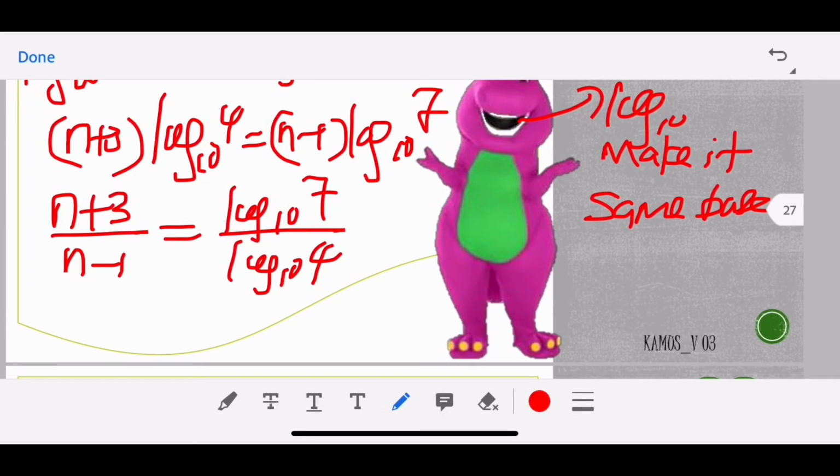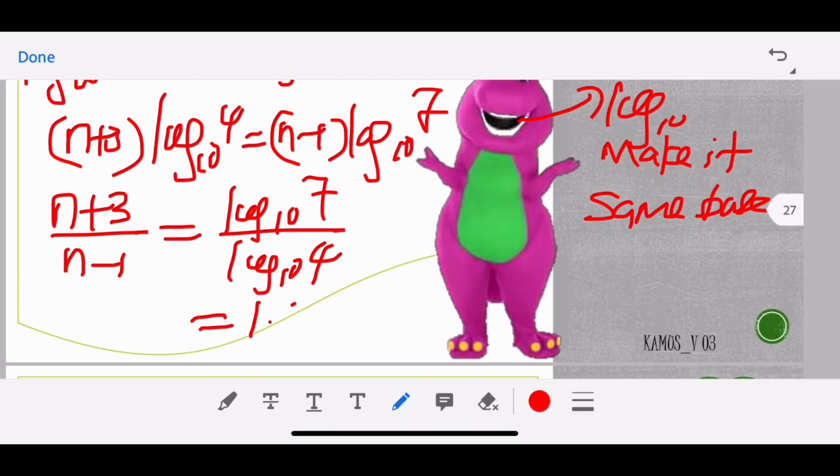Right, now you take out your calculator and try to press. I think just now we also had log 10 of 7 over log 10 of 4, right? So now you need to simplify carefully and make sure you round off accordingly.